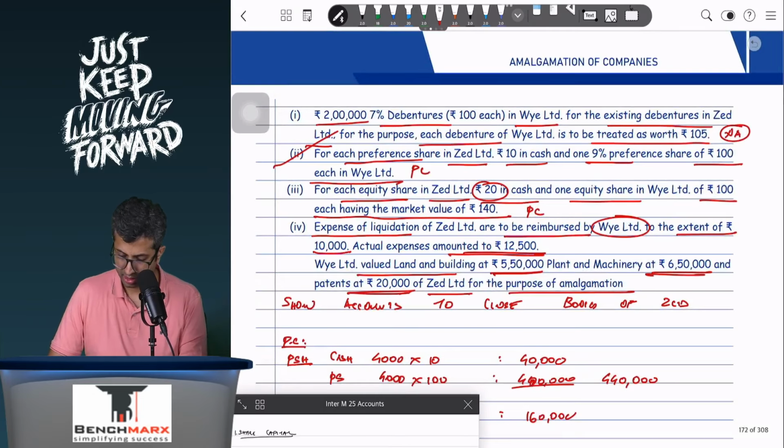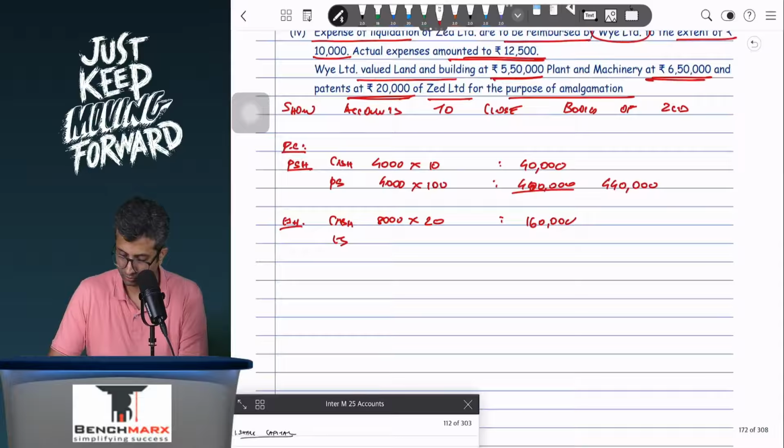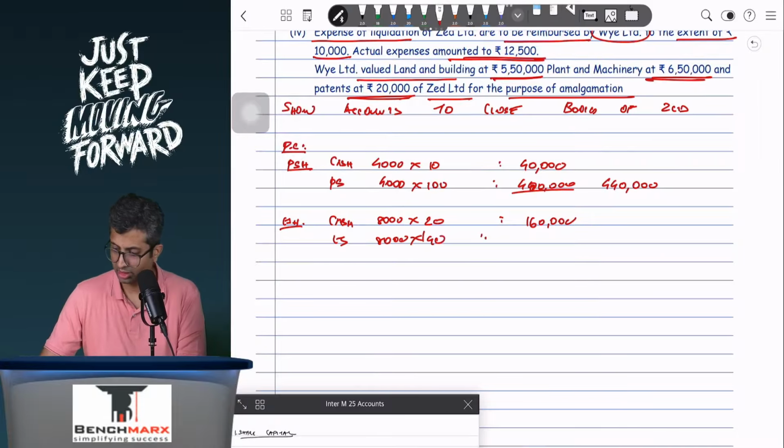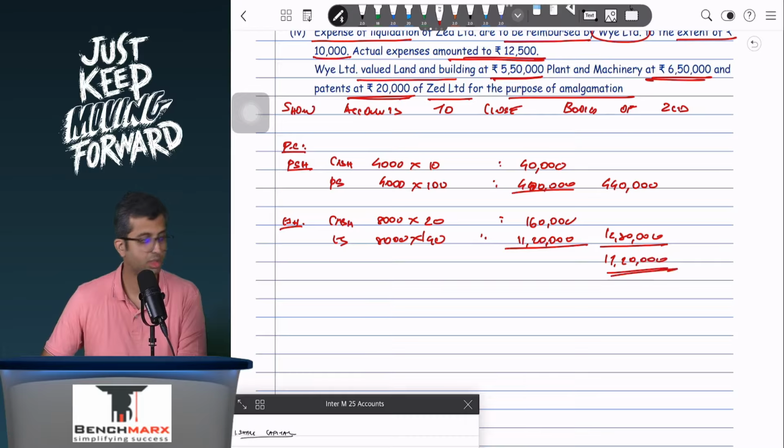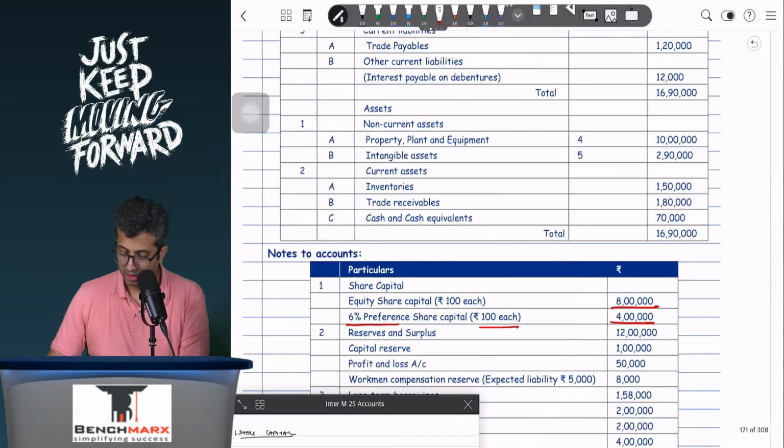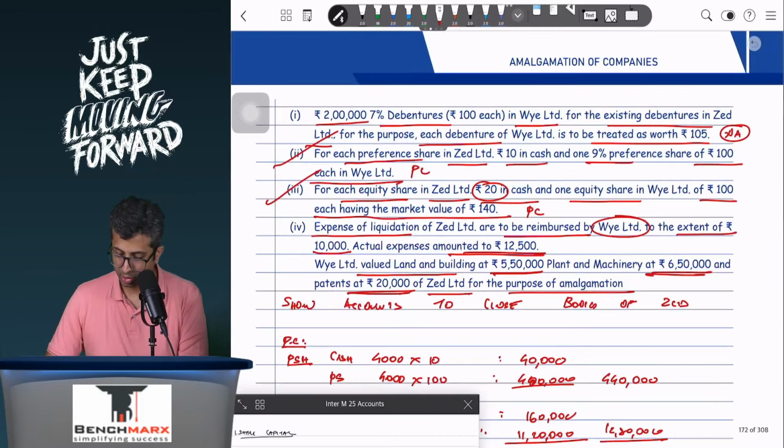So this is 8,000 into 140, which comes to 11 lakh 20. Plus 1 lakh 60 is 12 lakh 80, and 4 lakh 40 comes to 17 lakh 20. So this is your purchase consideration, which is worth 17 lakh 20.